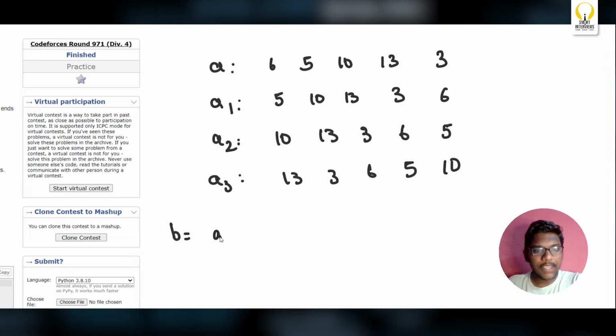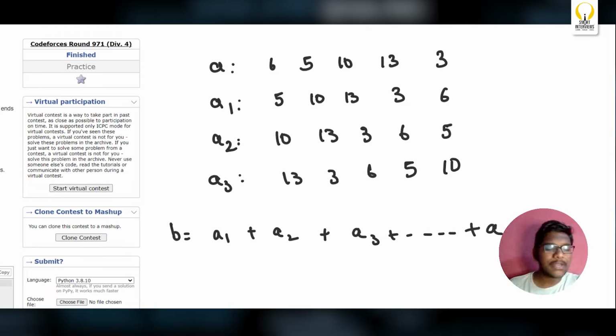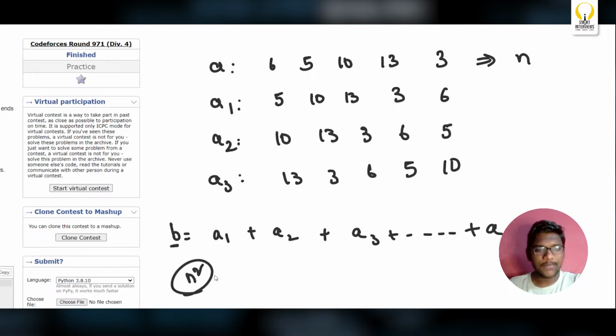You have A1 concatenated with A2, concatenated with A3, and so on, concatenated with AN. Now, can you guess what the size of array B can be? Array B's size is simply n square. If the size of array A is n, the size of B will definitely be n square.